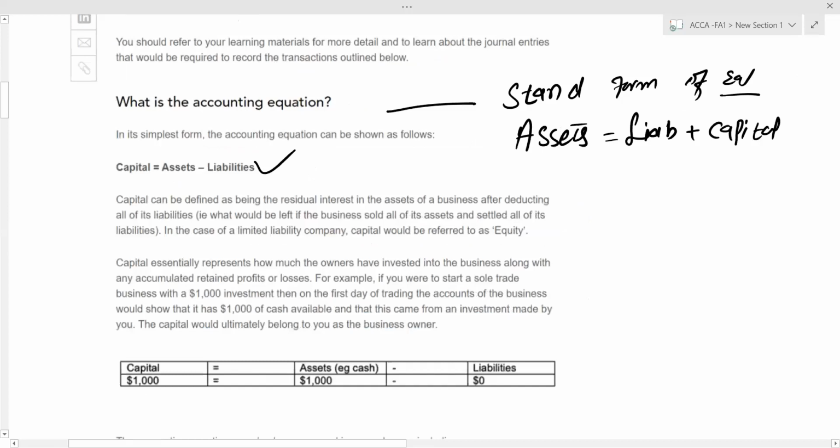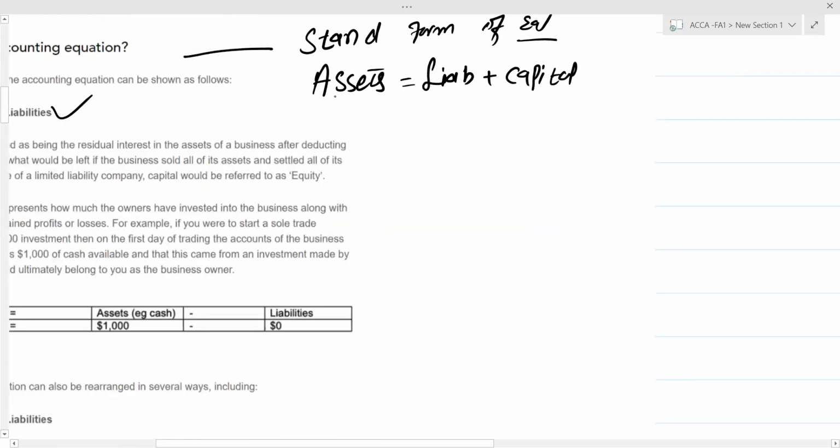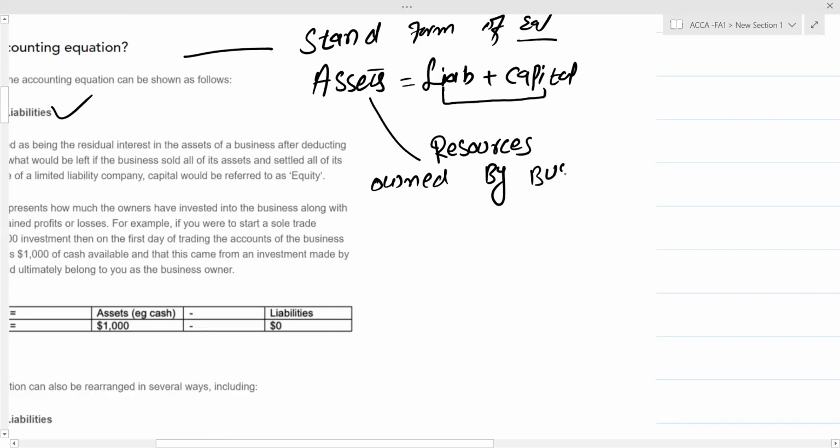Theoretically, if we talk about the assets and the right hand side of the accounting equation, assets are basically resources owned by the business. Anything that is owned by the business is said to be assets.